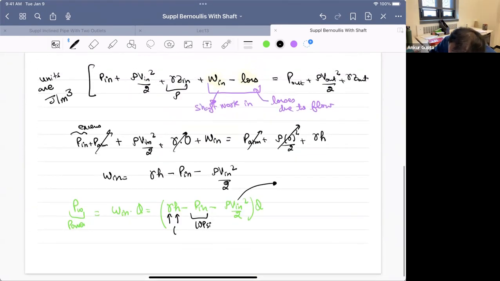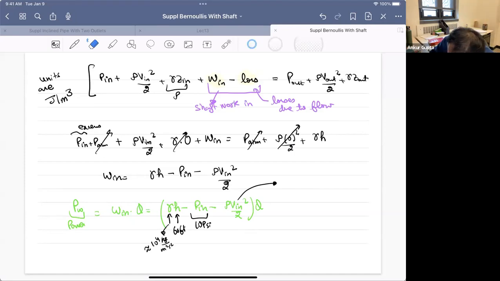So this is given as 60 feet. Rho for water is 1000 kg per meter cube. Actually, it's also multiplied with meter square by second, rho g. So it'll be something like 10 to the 4 kg per meter square second square.